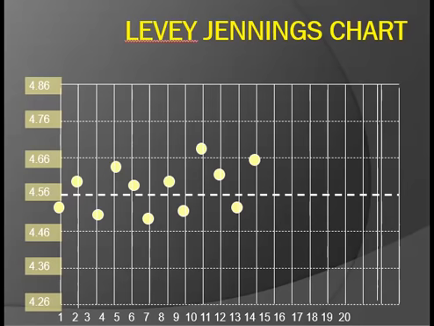Okay? So, in your Levy-Jennings chart as well, you can also see that in the y-axis, that's actually the concentrations. And then at the middle, that's the mean. And then going up, you have there the +1 SD, the +2 SD, and then the +3 SD.